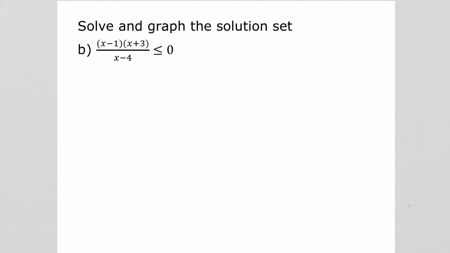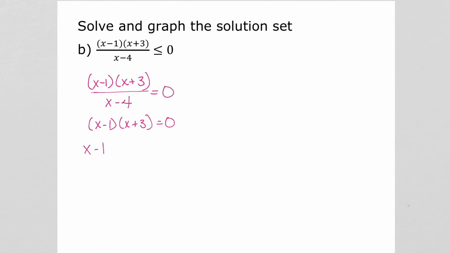Okay, so same deal again. Set it equal to 0. When we do, and we multiply by x minus 4, that gets rid of the x minus 4 altogether.